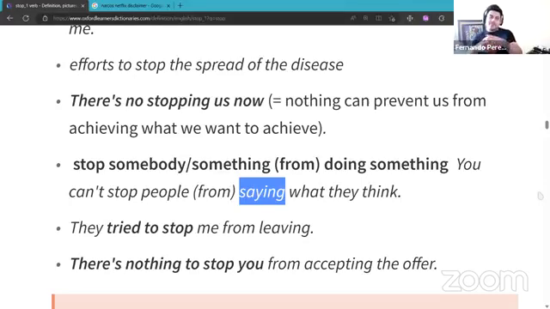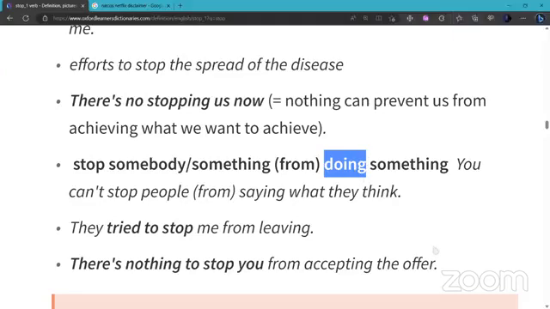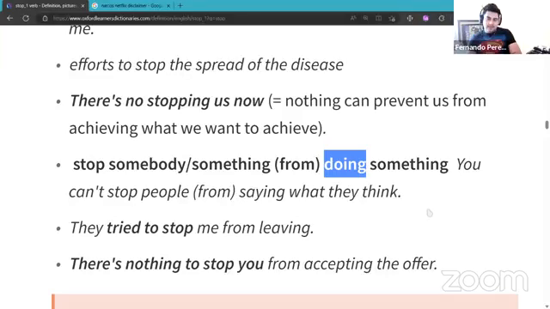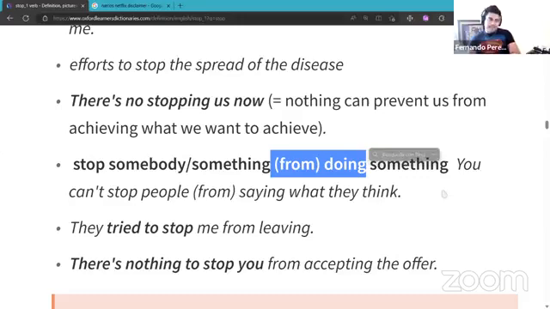So after "stop," you need to use the verb as a noun: stop saying, stop doing, stop the action, but as a noun. In order to get accustomed to chunks, I wouldn't omit "from," not yet.